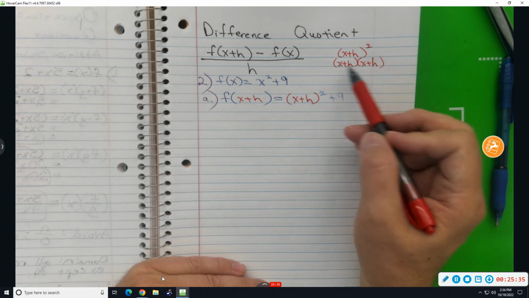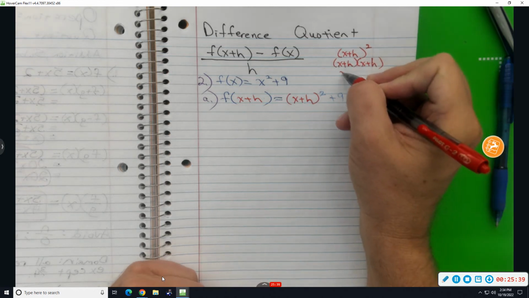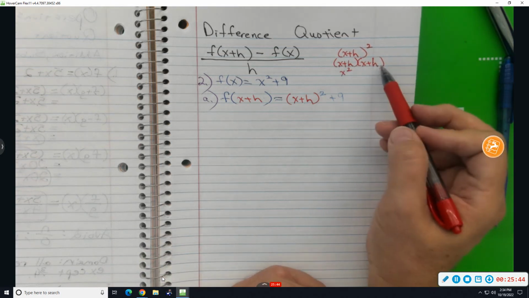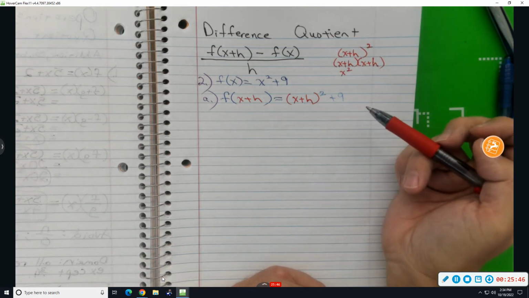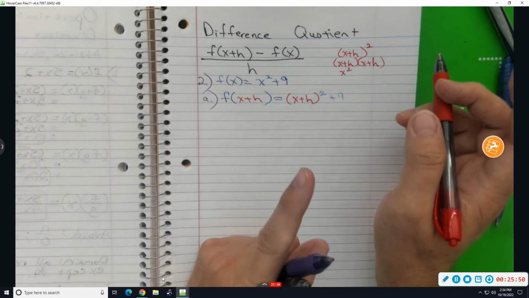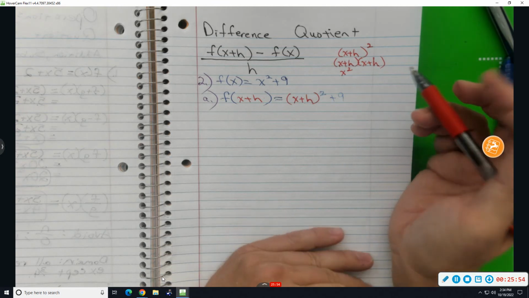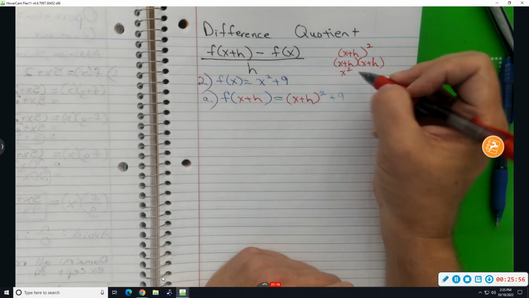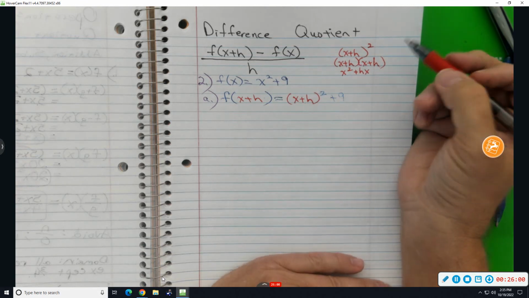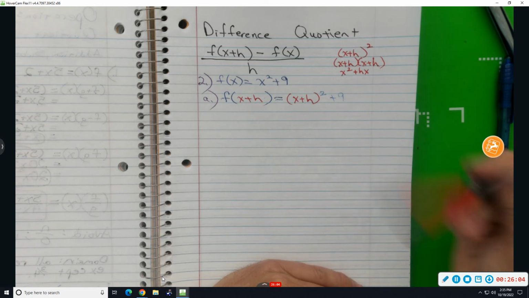First, x times x, x squared. Outer, x times h. I'm going to write it in alphabetical order. If I have two different letters appearing in the same term, x times h is the same thing as h times x. You'll see why in a moment. Inner, we have another hx.